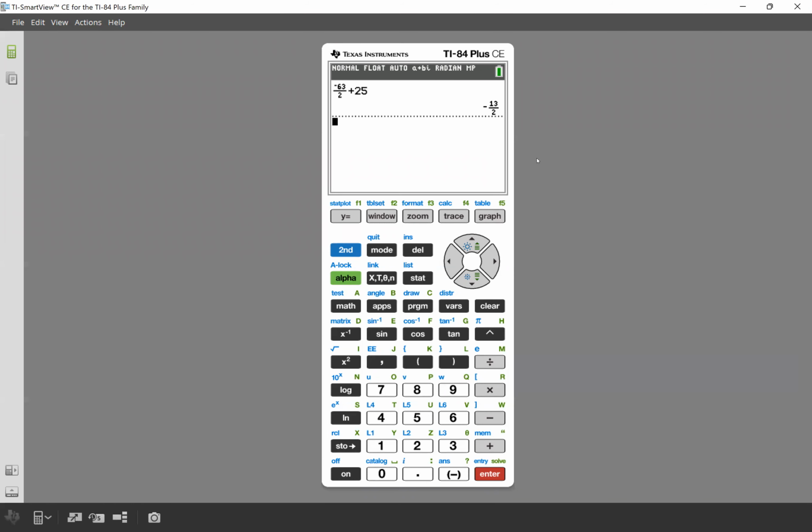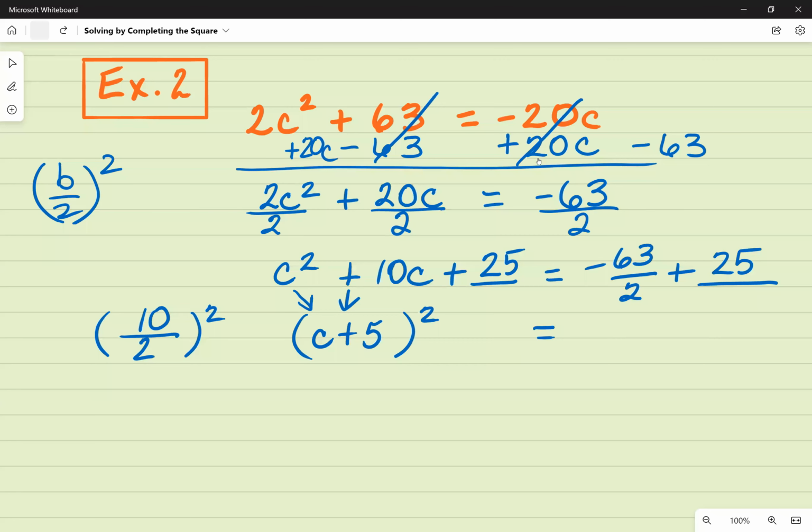So that's going to tell us negative 13 over 2. So I'm going to write negative 13 over 2 here.